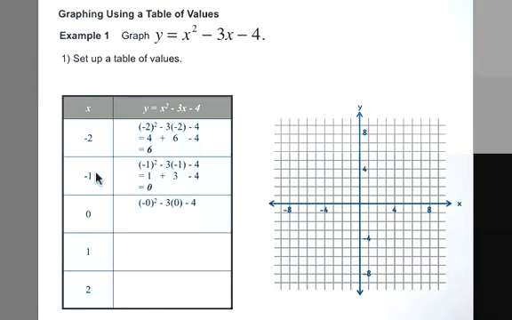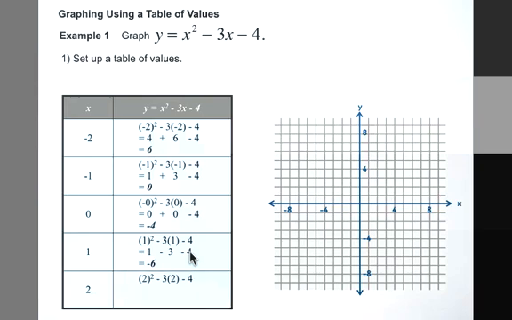When x is 0, we follow the steps, substituting zeros in and solving. So when x is 0, y is -4. When x is 1, y is equal to 1 squared minus 3 times 1 minus 4, which is 1 minus 3 minus 4, which is -6.